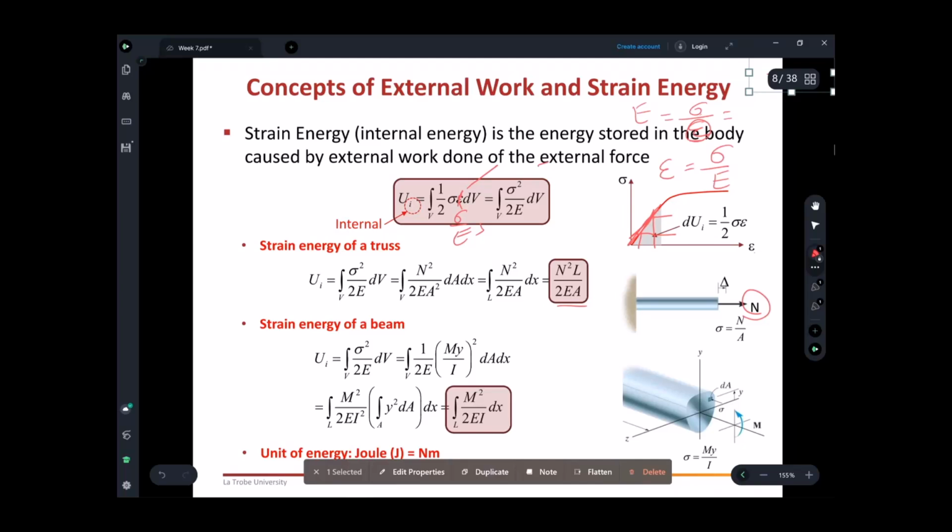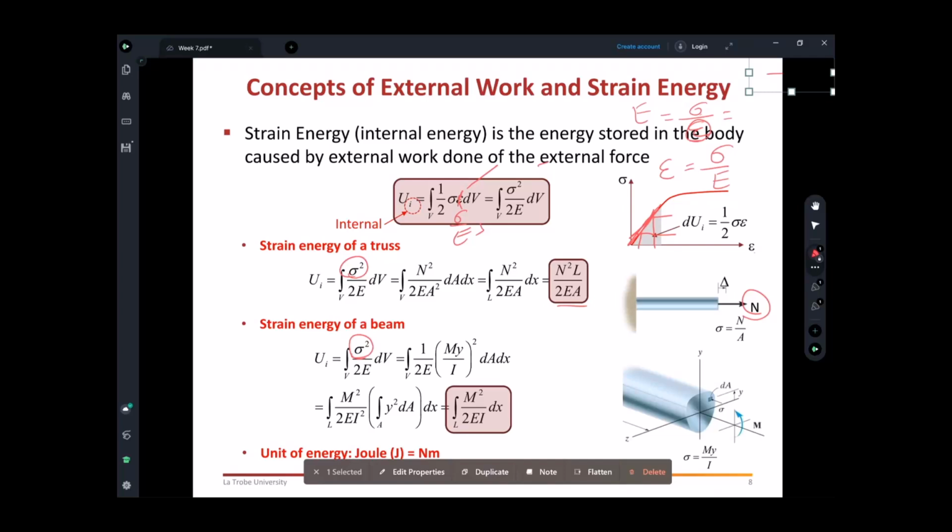Those are the equations. For internal energy in the beam, this is the axial stress when you pull the members in this direction, either compression or tension. If you bend the members like this, then it's called bending stress.